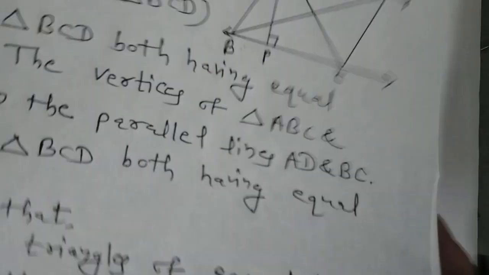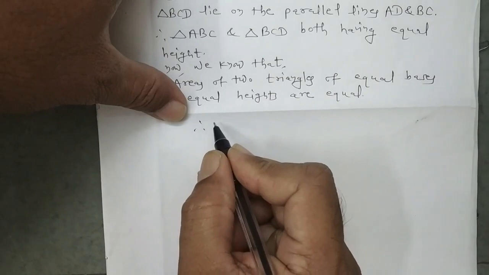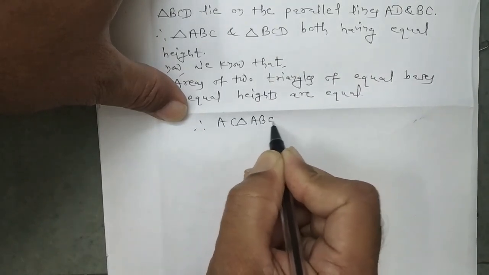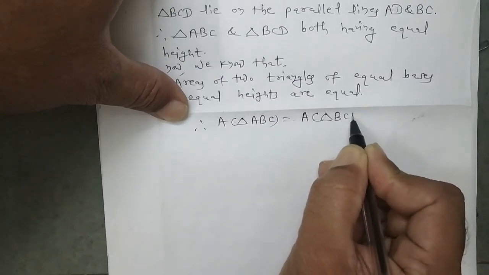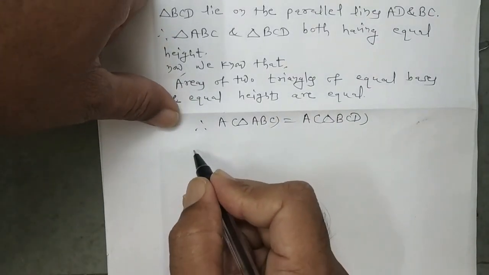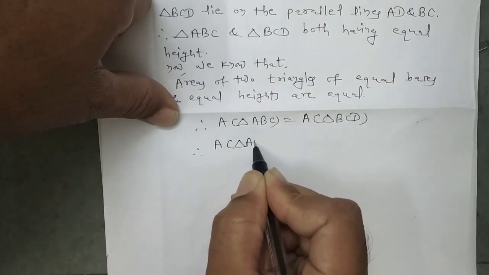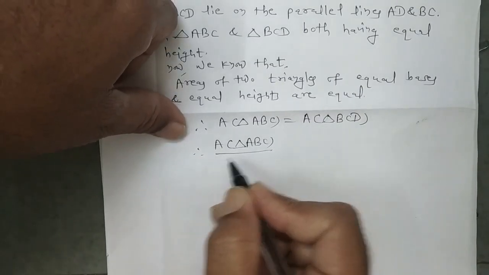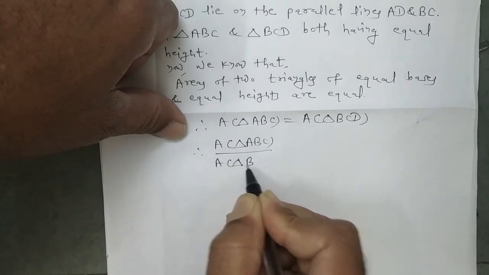Therefore, area of triangle ABC is equal to area of triangle BCD. That is, area of both triangles are equal. We can write this as, therefore, area of triangle ABC divided by, transfer this to the left hand side, area of triangle BCD.